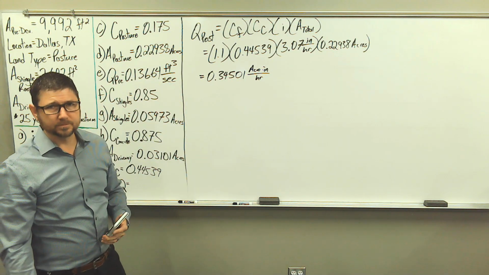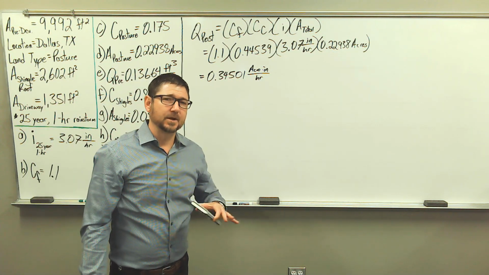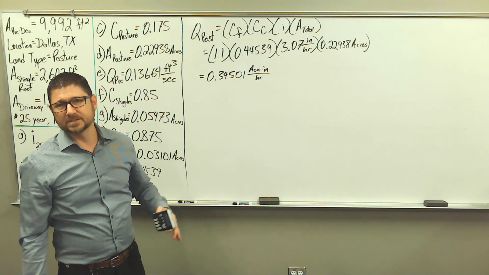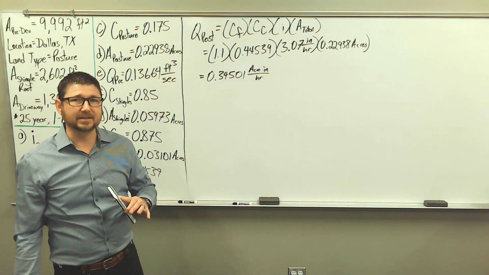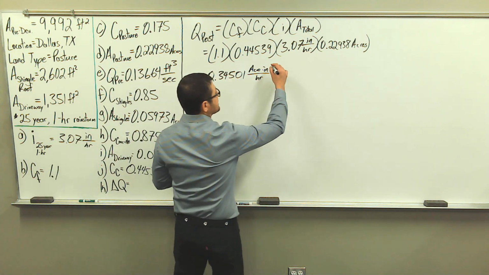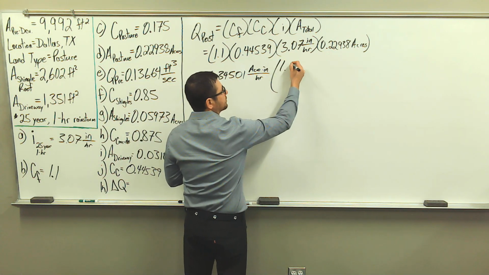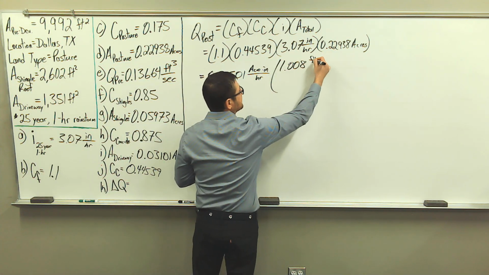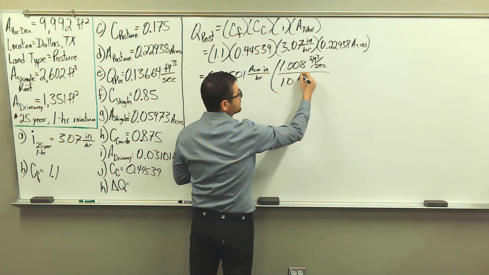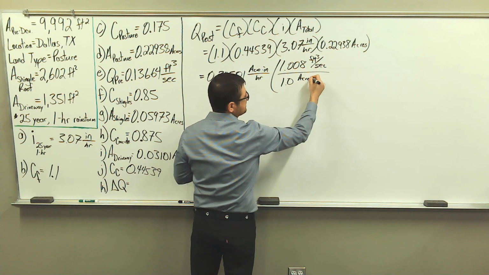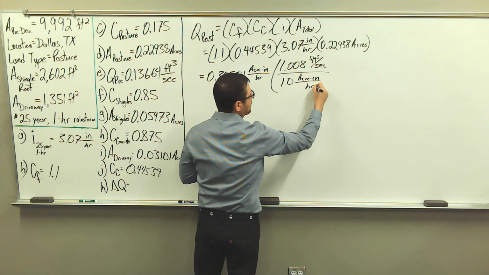We need to perform some dimensional analysis here. Remember that in 1.0 acre inches per hour, we have 1.008 cubic feet per second. So in our numerator, 1.008 cubic feet per second, and we're dividing by 1.0 acre times inches per hour.